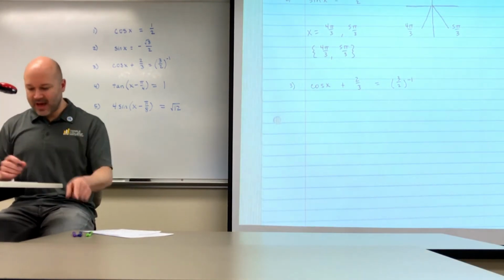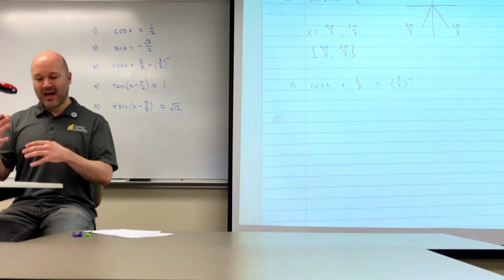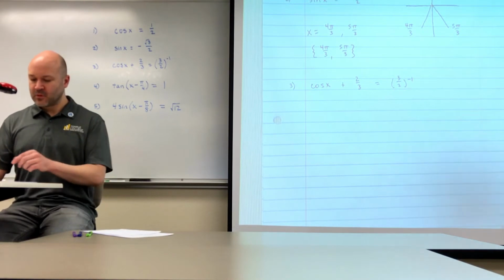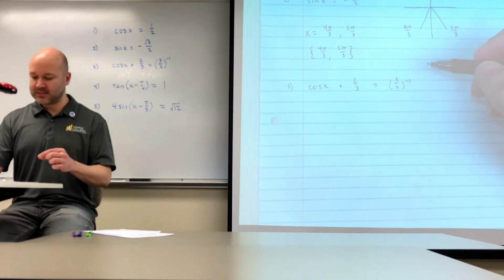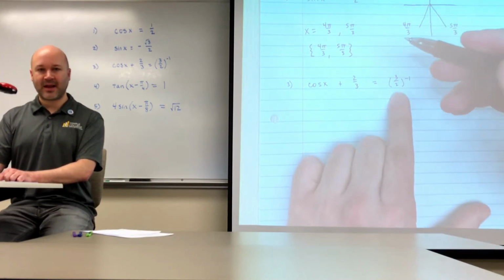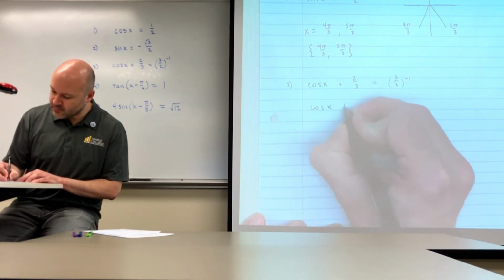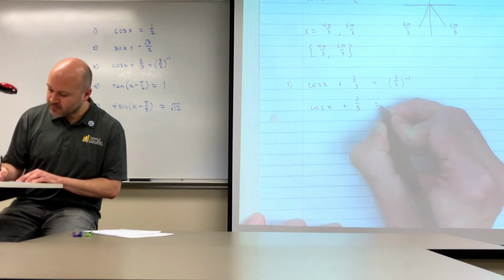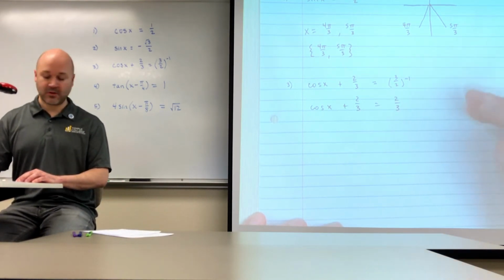But even before I do that, I've got this -1 exponent on the right-hand side. I want to simplify that. So a -1 power simply means I need to reciprocate my base. My base is the fraction 3/2, so when I reciprocate, I'll get 2/3. So I'm just reciprocating the -1 exponent.